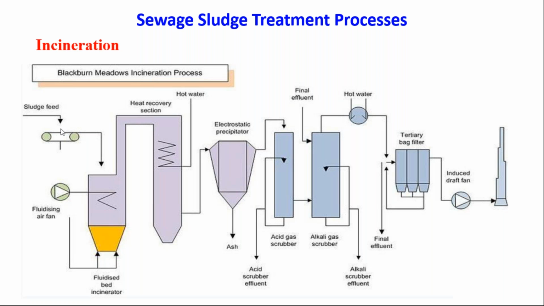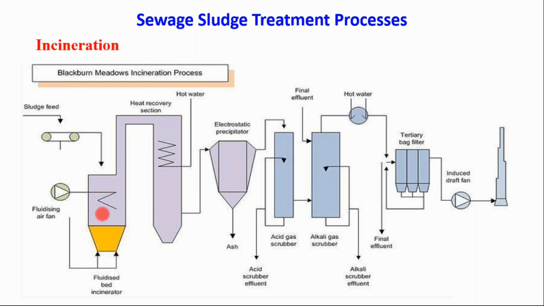But if it is the case, then this is the diagram where you can understand how the incineration process goes on. So in this diagram, this is the sludge feed. With the help of this conveyor system, we can feed this sludge into the fluidized bed incinerator, where this sludge can be suspended in terms of particulate matter, which can be easily burned with the help of the fluidizing air fan and the ignition source assembly.